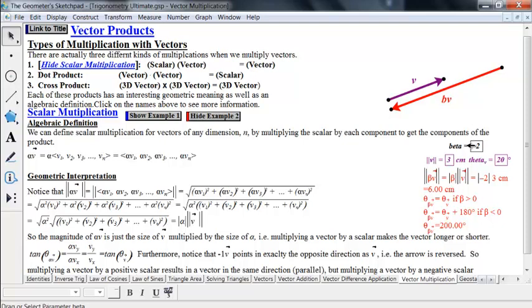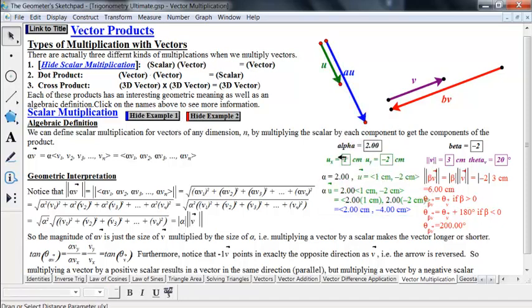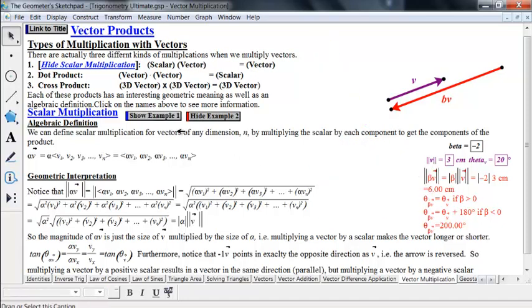So we saw in the component form that we just multiplied each component by the alpha. What do we do if we've got it in magnitude and direction form like this? Here I've chosen a negative number for beta, and the vector v has a magnitude of 3, and the theta, which I've given in degrees here, is 20 degrees.